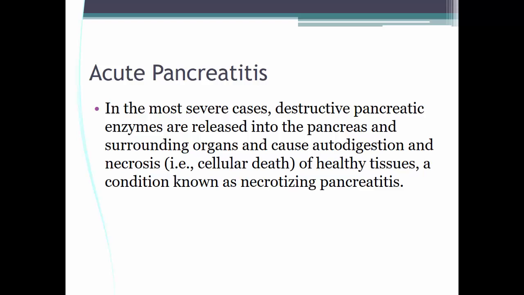Now, in addition to that, there is inflammation of the surrounding organs, and this is due to autodigestion and necrosis of the actual pancreatic tissue.